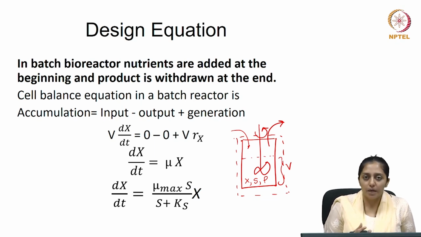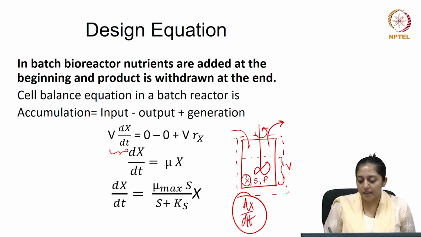In terms of biomass, when we are doing a cell mass balance, we know that there is no consumption of biomass taking place inside the reactor. So, your LHS stands for the biomass in the broth at any given time. So, dx by dt will stand for the rate at which the biomass is getting accumulated inside this reactor.